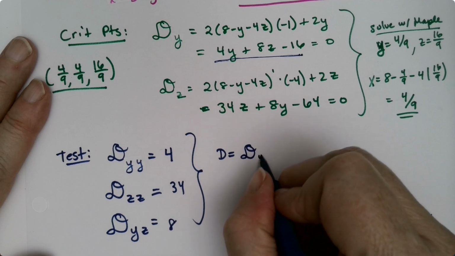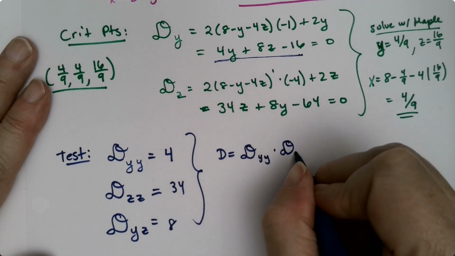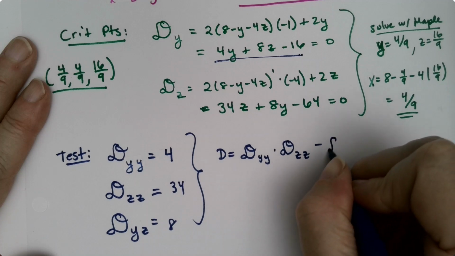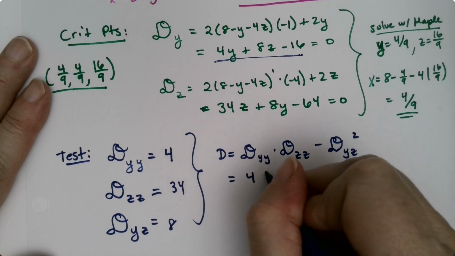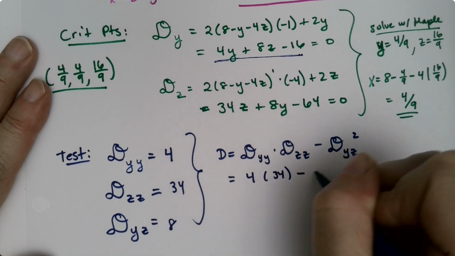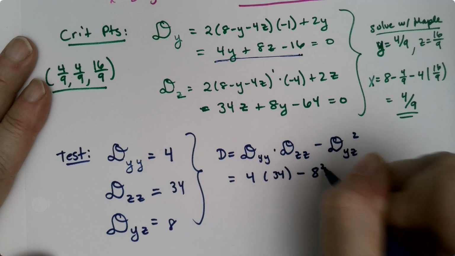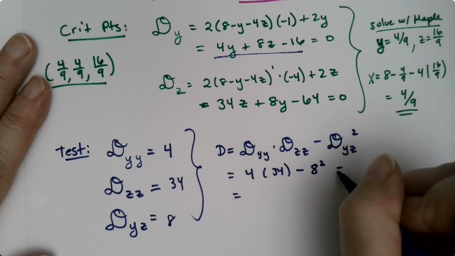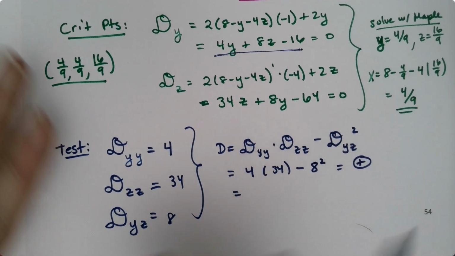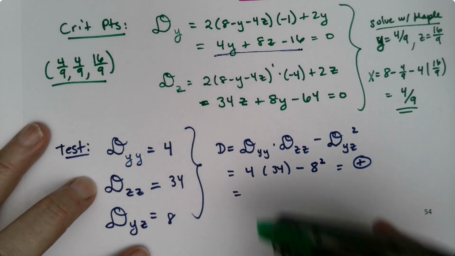So putting this together, D equals d yy times d zz minus d yz squared, which is 4 times 34 minus 8 squared. It worked out to be all constants. So this is a positive number. That's all I really care about, right? It's positive.